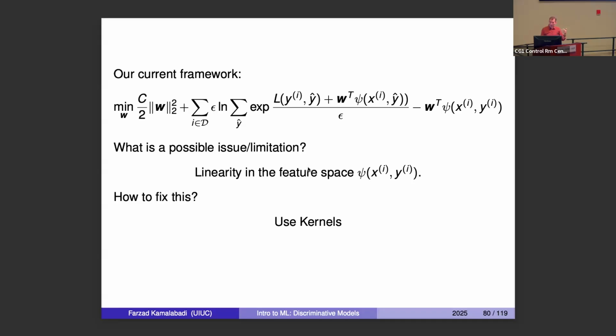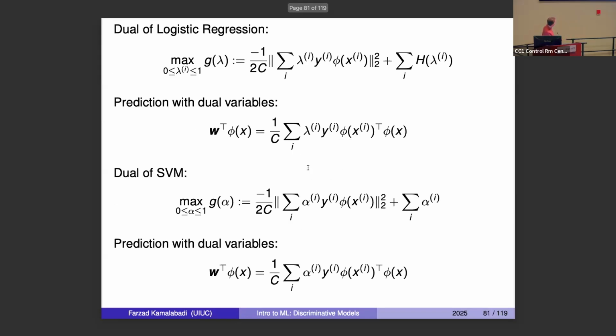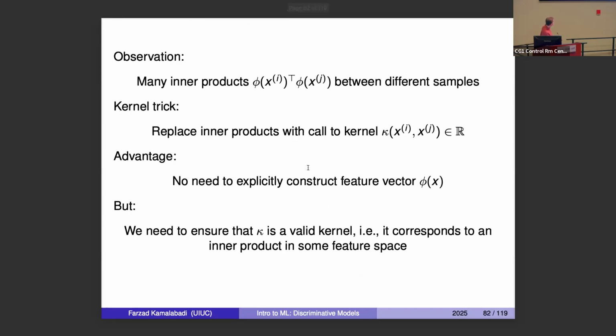And the way people got around this inherent linearity in the model is by using something known as kernels. Instead of explicitly defining features, these functions of your data, you look for functions with certain properties that allow you to capture this inherent nonlinearity. I'm going to skip over those details, except that I want you to be aware that the idea is to replace the inner product with calls to kernels.